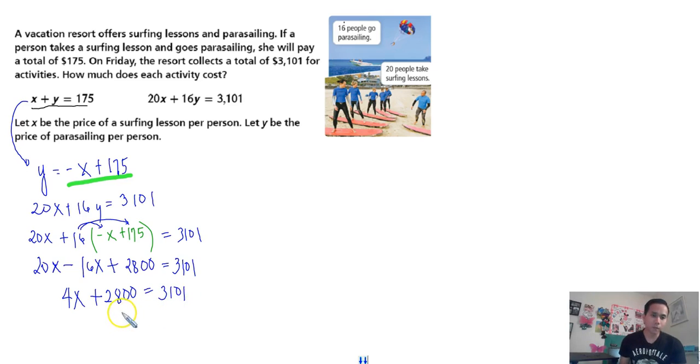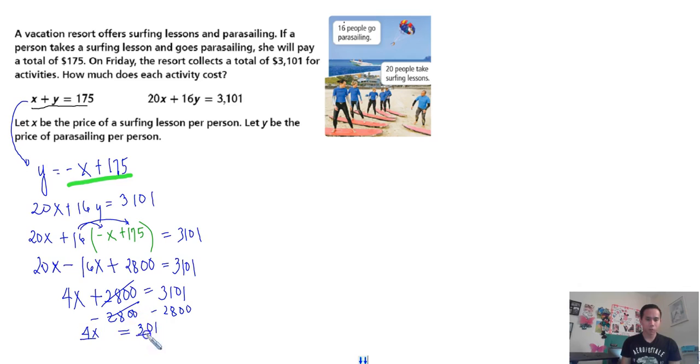And then after that we subtract 2800 from both sides of 3101. So I have here, this will be cancelled. So I have 4x is now equal to 301.